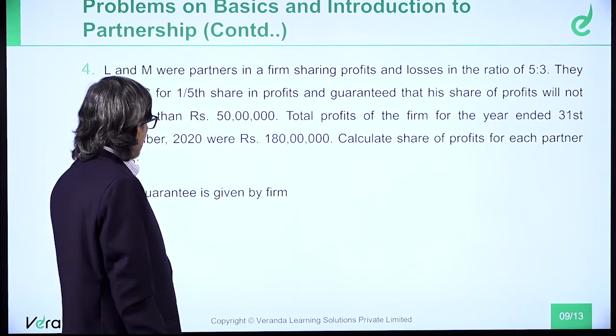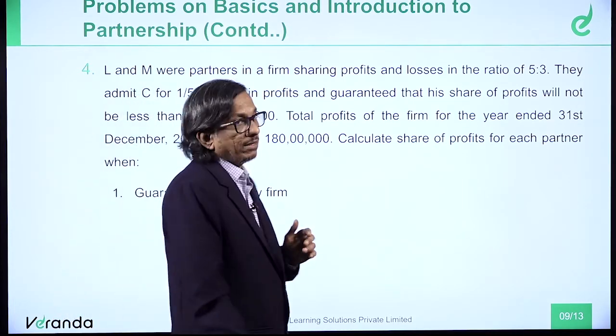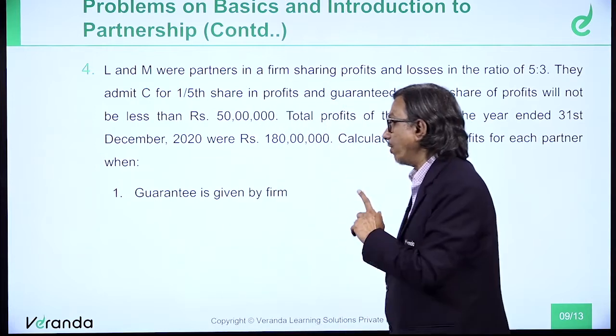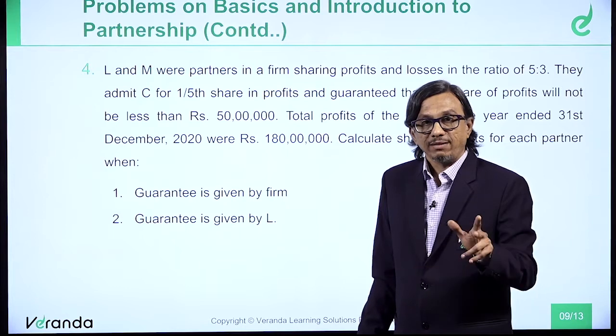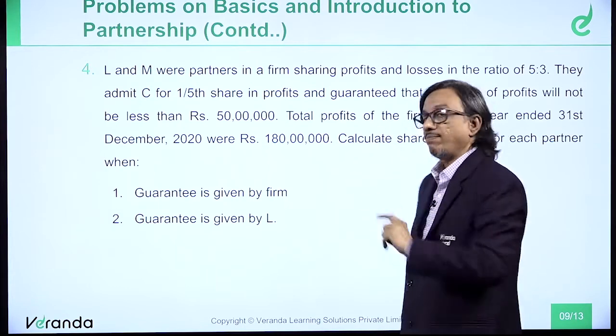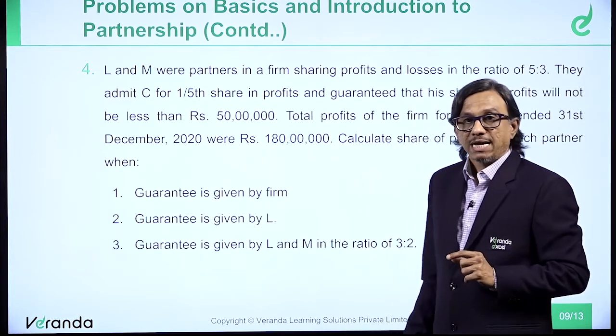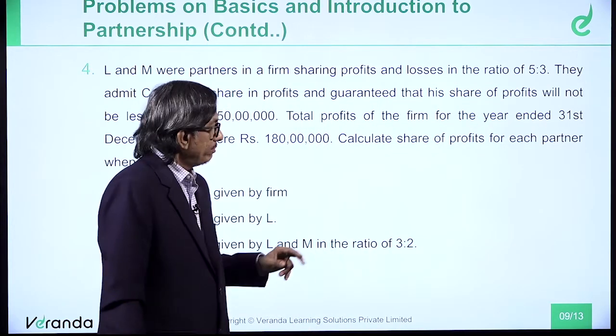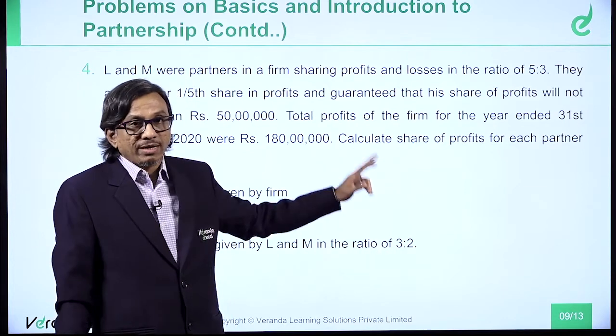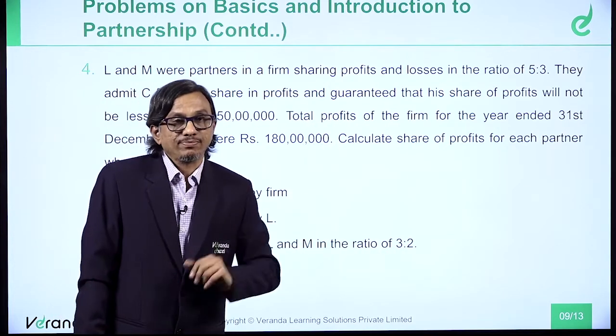Different situations are given. Number 1, guarantee is given by the firm. Number 2, guarantee is given by L, that is the first partner only. Number 3, guarantee is given by L and M in the ratio of 3:2. So, 3 different situations are given.